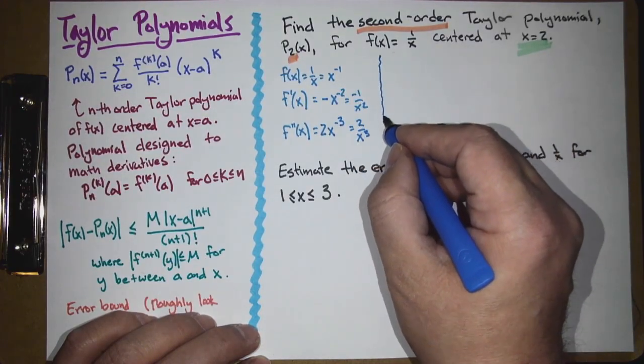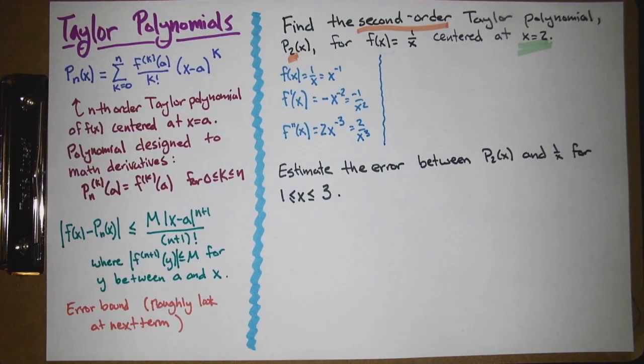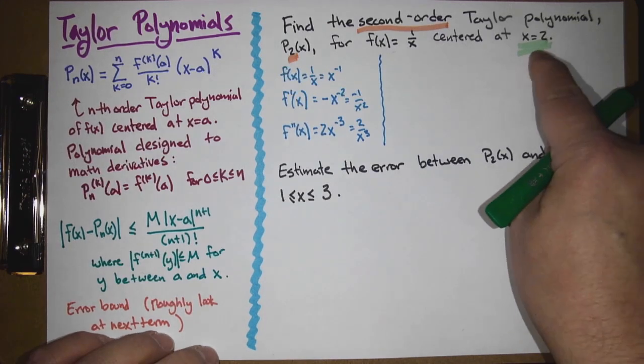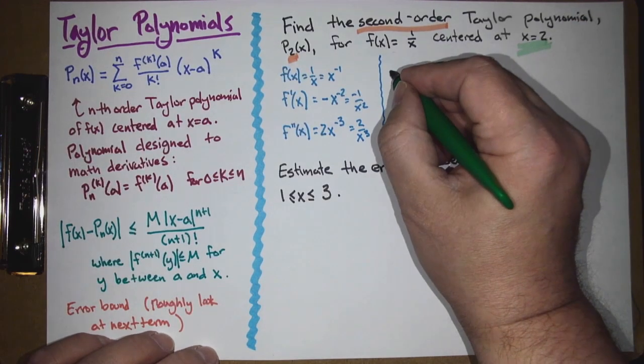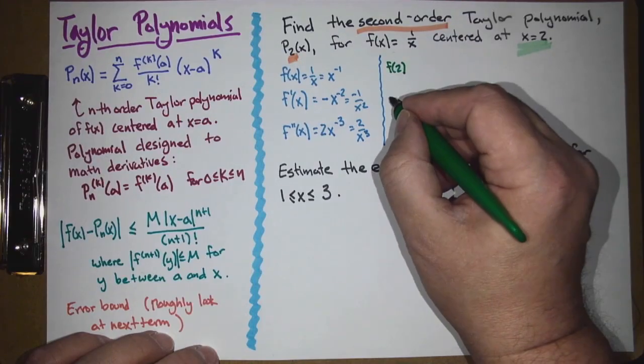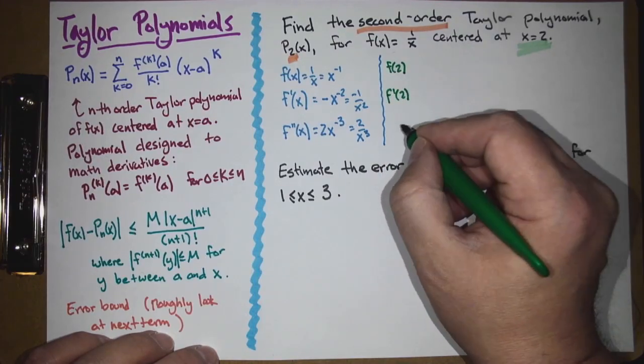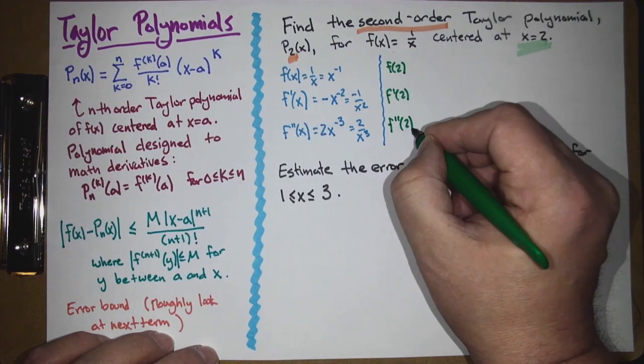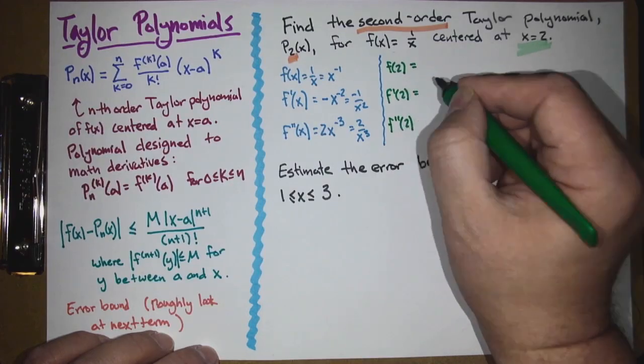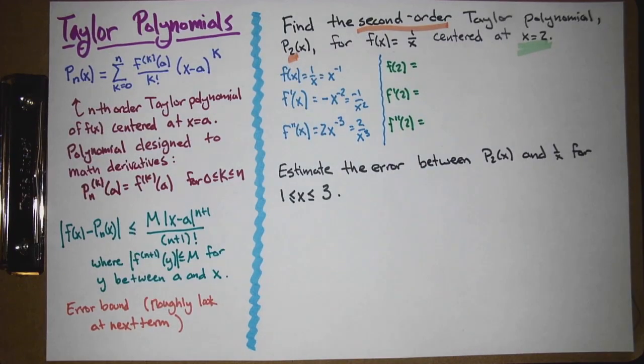Now, it's not that we're going to have the functions. We're going to have the functions evaluated at the center. So after we compute the derivatives that we need, now we plug in our center point. So f of 2, f prime of 2, f double prime of 2. This problem is very 2y. That's okay.